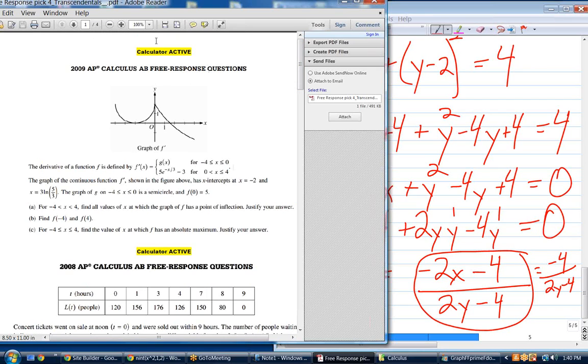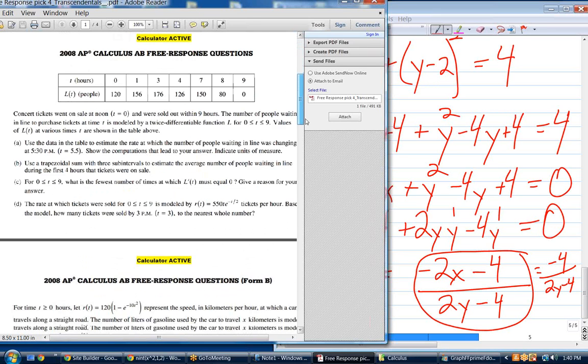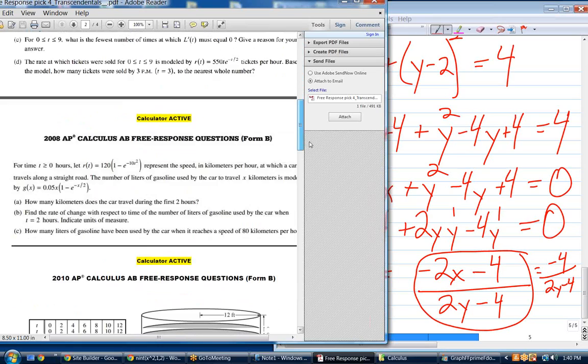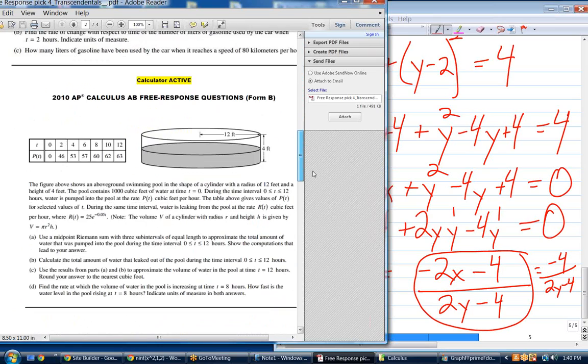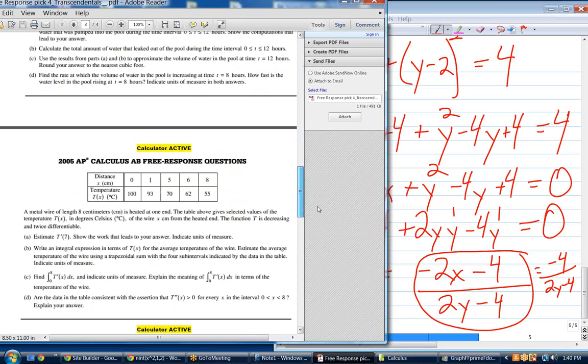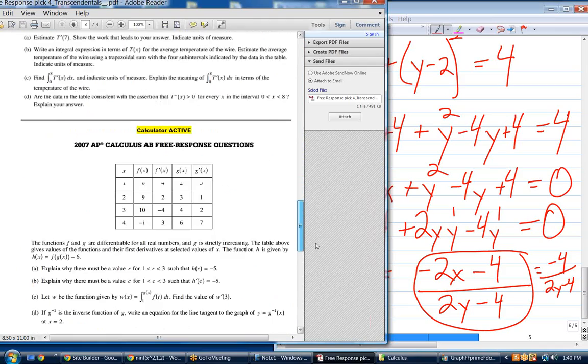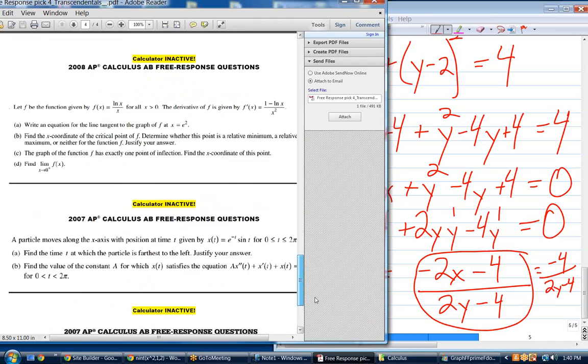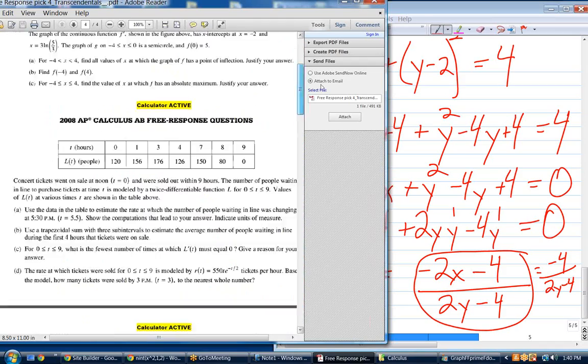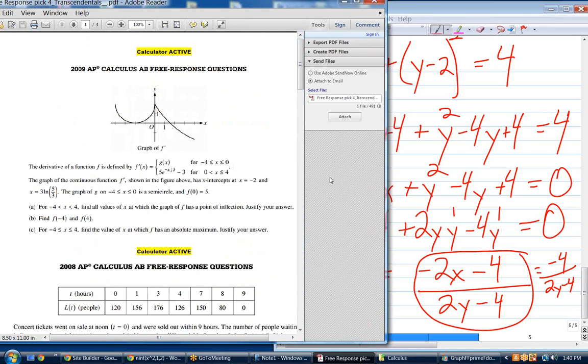So this page here is the free response question from the 2009, the 2008, and the 2010, and the 2005 and 7 AP tests. So what we're looking at here is the 7 toughest questions over the last 7 years of AP tests.